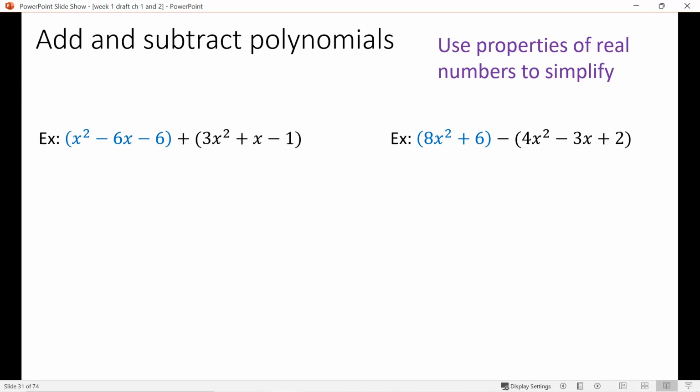So how do we add and subtract our polynomials? We just use the properties of real numbers to simplify these. In our first example, if we have x squared minus 6x minus 6 plus 3x squared plus x minus 1, we can just remember that addition is commutative and associative.